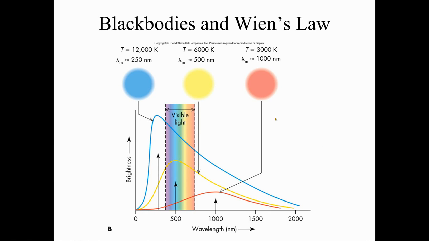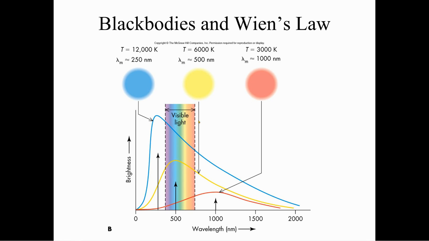So if we're looking at different stars, blue-tinged stars, a star similar to our sun, and a red star, we notice by Wien's law, I always say Wien, but it's Vine's, that our sun radiates best in the visible light spectrum.